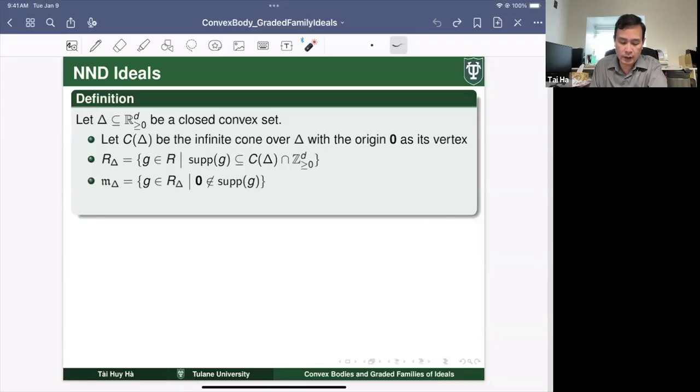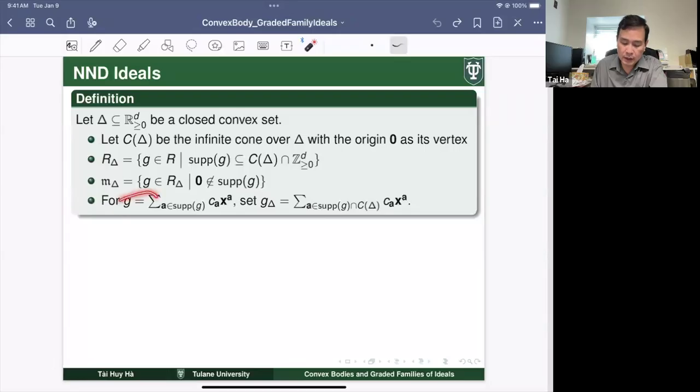In other words, we consider delta to be elements inside the ring R that sit inside this cone. And then it's not very hard to see that this ring is actually a local ring, and it has the maximal ideal being, again, the restrictions of elements inside the maximal ideal of the ring R.